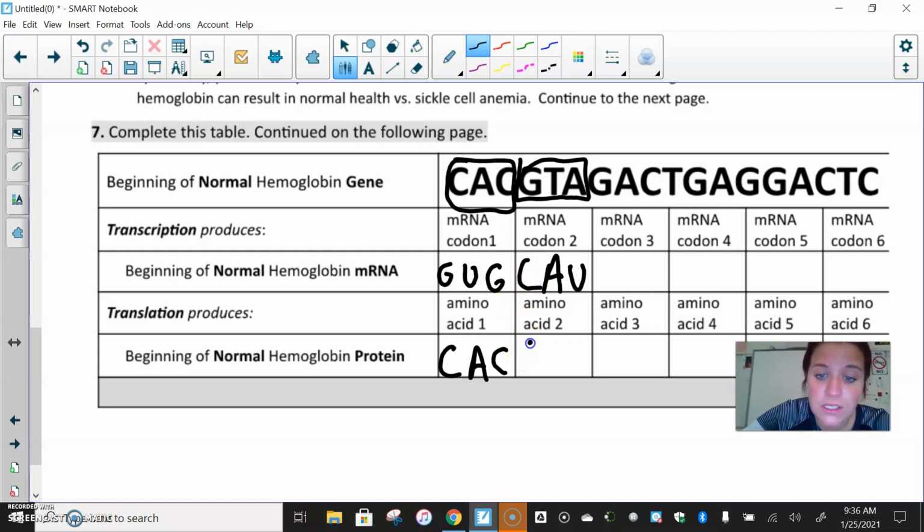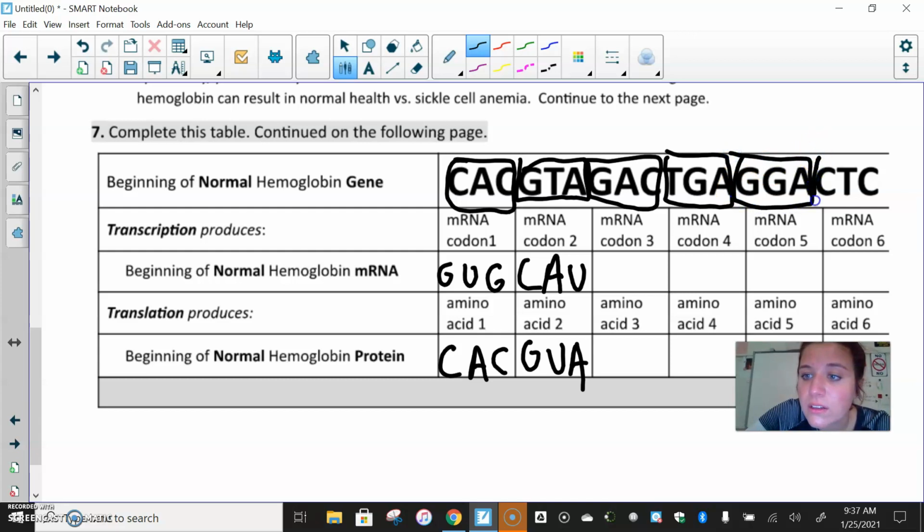So what's going to pair with C? G. What's going to pair with A? U. What's going to pair with U? A. And you're going to do that all the way down. Codon, codon, codon, codon. And you're going to continue that exact same process the entire way down our RNA strand.